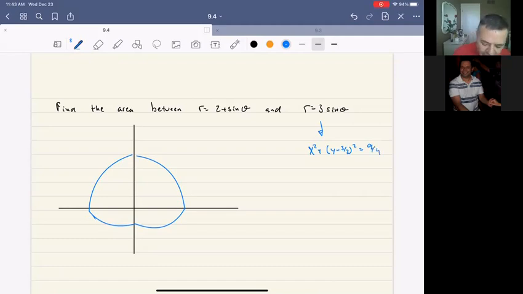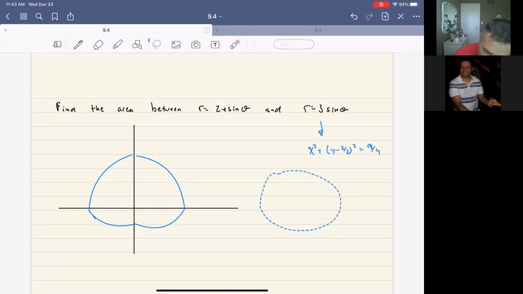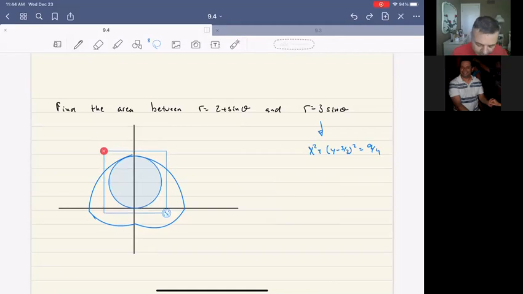So that's a circle that looks like so. Let's make it a little smaller. So we're actually graphing not the area that's shaded now, but the opposite of it. We're graphing this area.